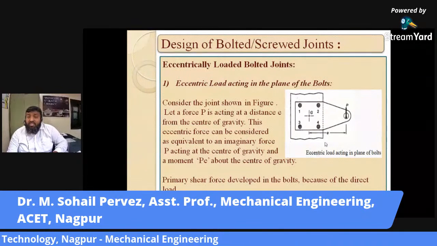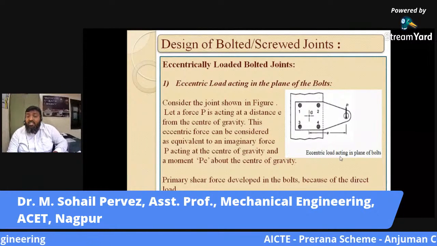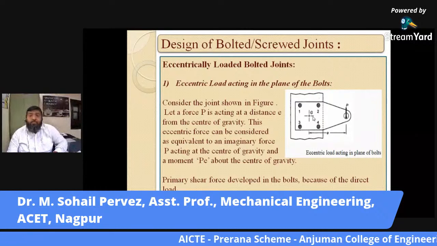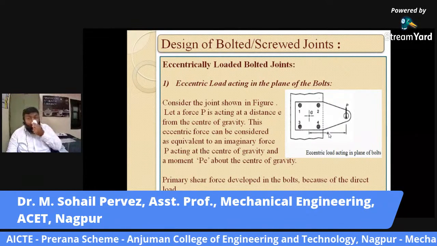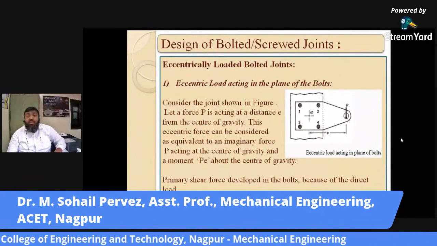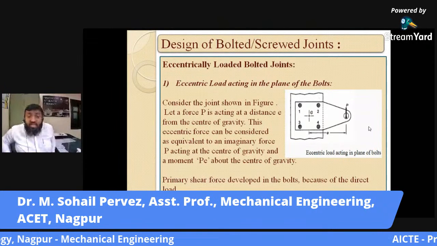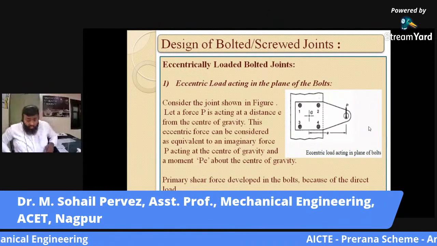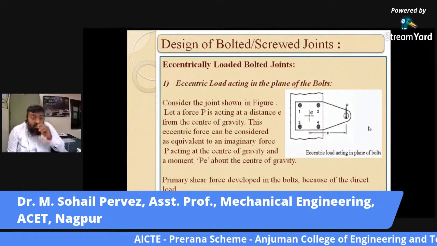Now the first manner is eccentric load acting in the plane of the bolts. When we say eccentric load acting in the plane of the bolts, how does it react? It means how the bolts will be subjected to different types of stresses and loading.